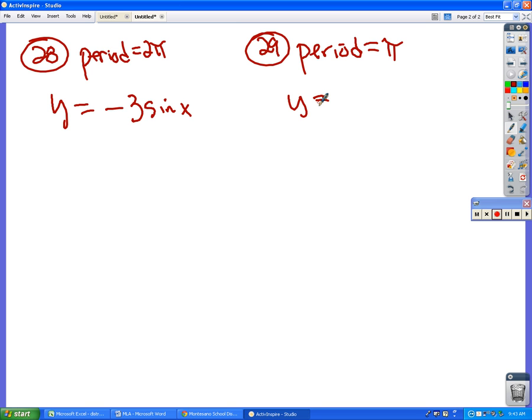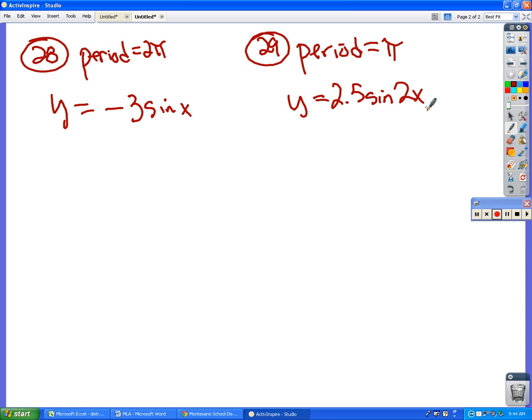So your equation is going to be y equals, what's the amplitude? Be careful. 2.5, nice. Sine of, and since it completes 2 cycles between 0 and 2 pi, it's going to be sine of 2x.